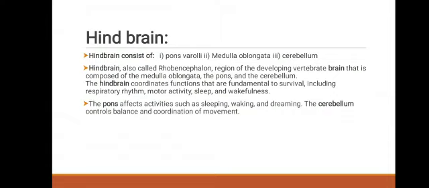The hindbrain coordinates functions that are fundamental for survival, including respiratory rhythm, motor activity, sleep and wakefulness. The pons affects activities such as sleeping, walking and dreaming. The cerebellum controls balance and coordination of movement.